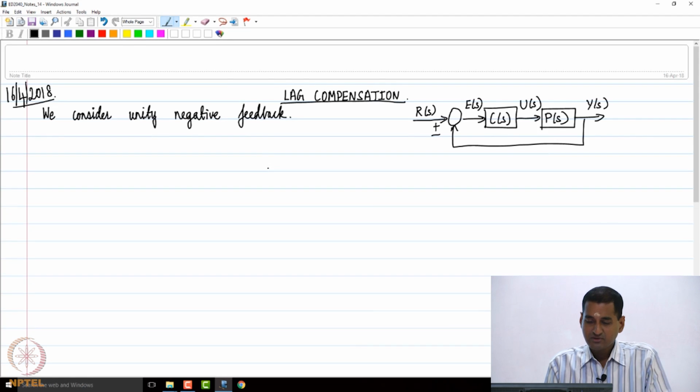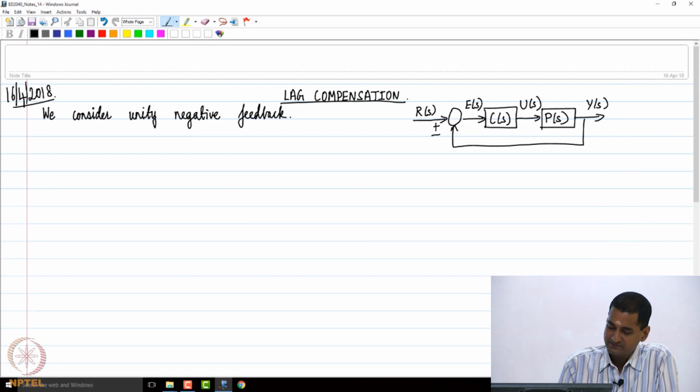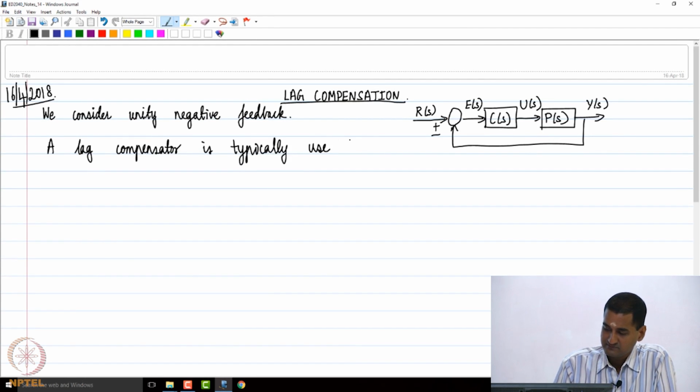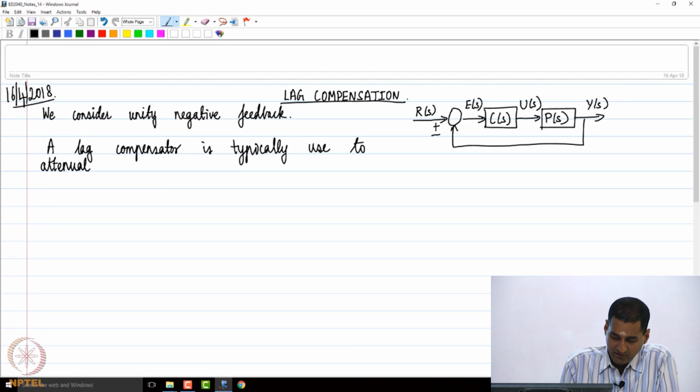A lag compensator is typically used to attenuate, or essentially reduce, the magnitude of high frequency components of the system's response.